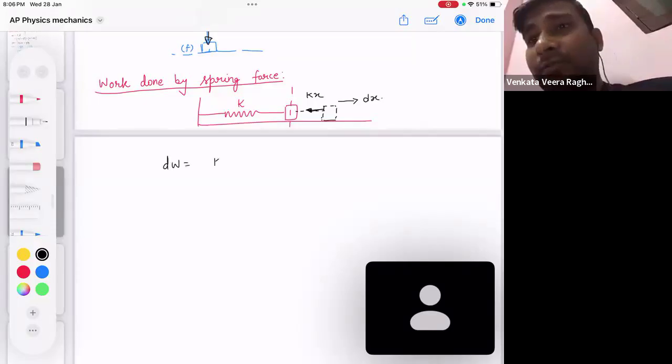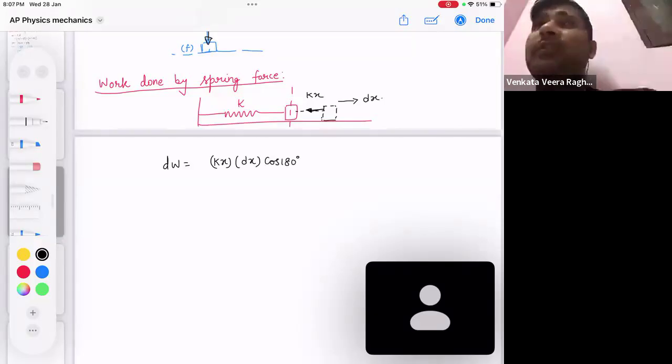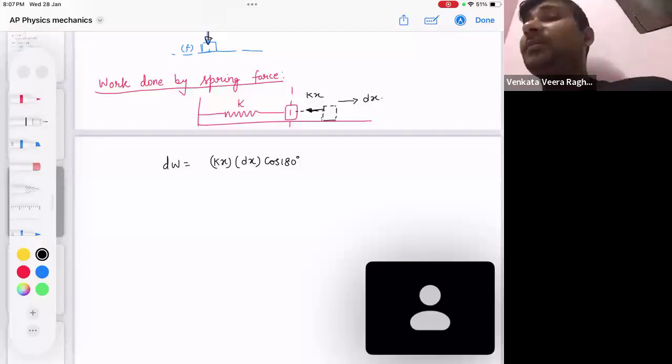The magnitude of force is kx, displacement is dx, and the angle between them is 180 degrees, isn't it? Because the force is acting towards the natural position and the body is displaced away from the natural position, meaning the spring is being elongated here. That's why this angle is 180 degrees.